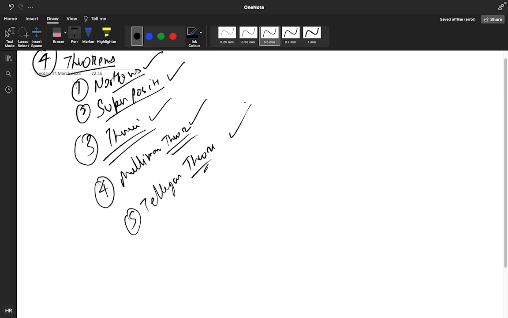These are very easy topics, and here you will also study the maximum power transfer theorem, how maximum power can get transferred from the circuit.